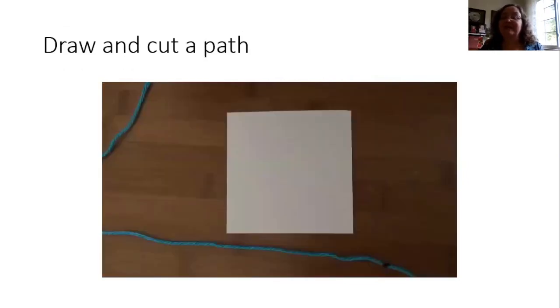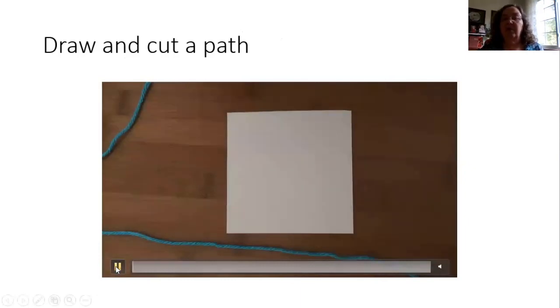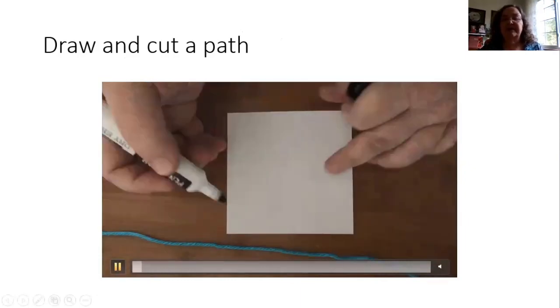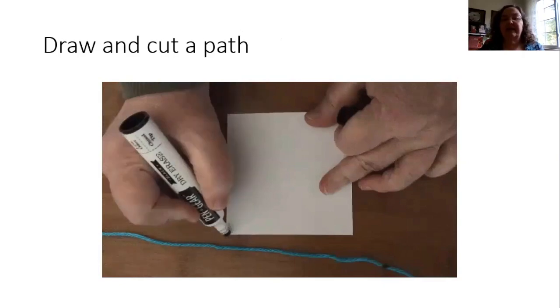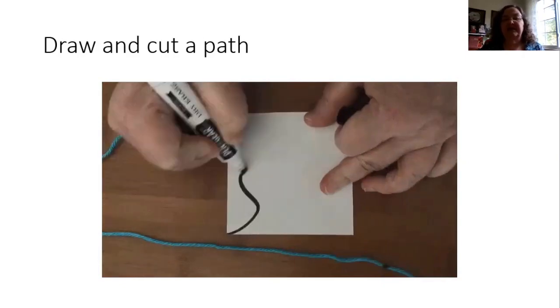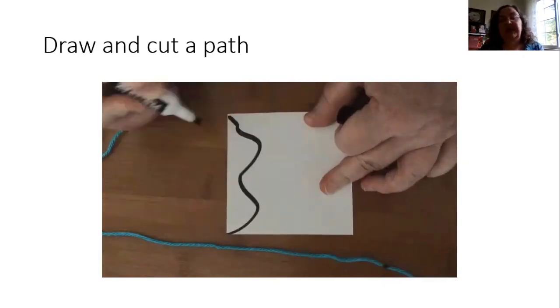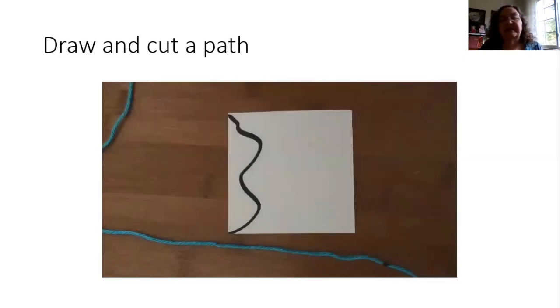So next, I'm taking that same piece of paper and I'm going to draw and cut a path. So watch how I do. I start on one corner and then I made kind of a squiggly line. You can make any kind of line you want. And then I'm going to cut that line out.